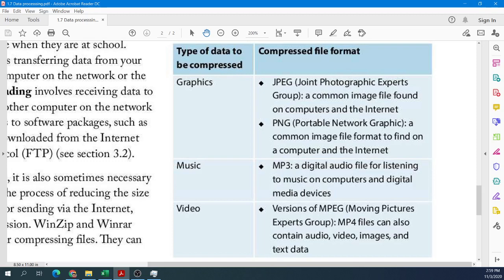Music. MP3. A digital audio file for listening to music on computers and digital media devices. MPEG, Moving Pictures Experts Group. MP4 files can also contain audio, video, images, and text data.